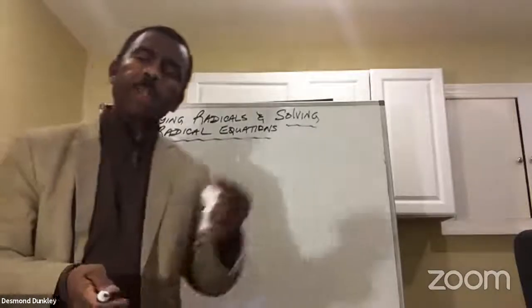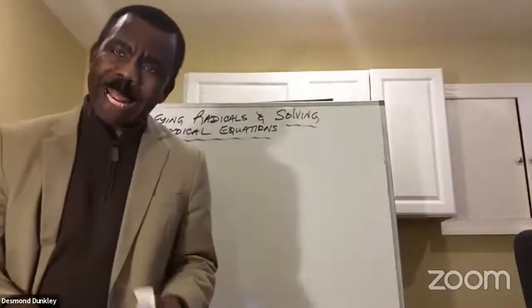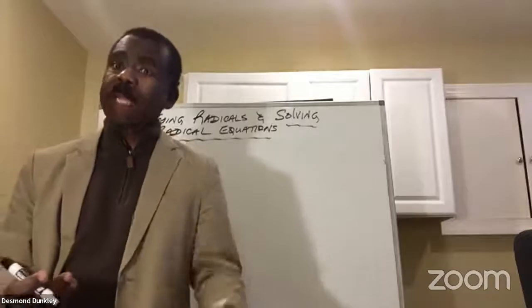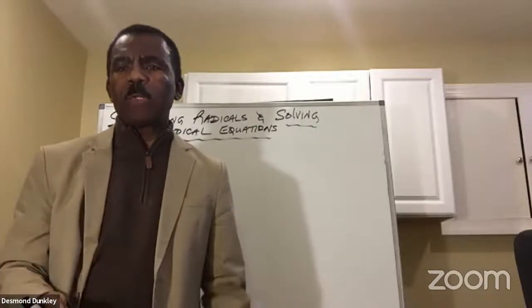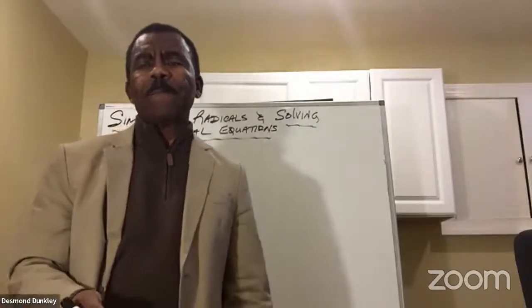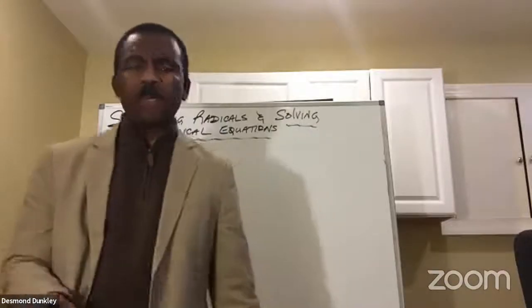So far, each of the questions that we have done only had one radical. Now I'm going to change it a little and give you 2 radicals and see what we do.